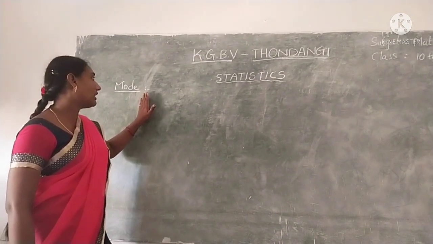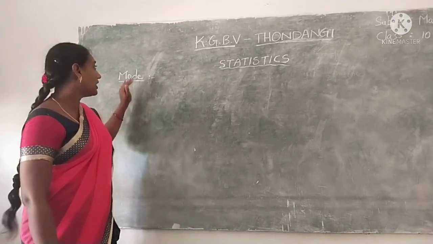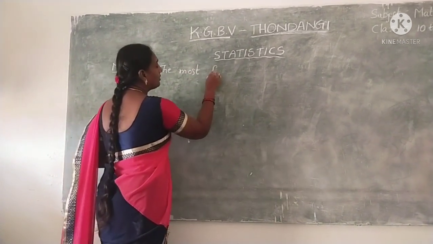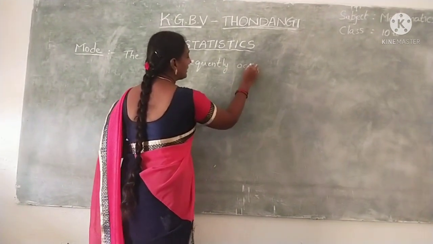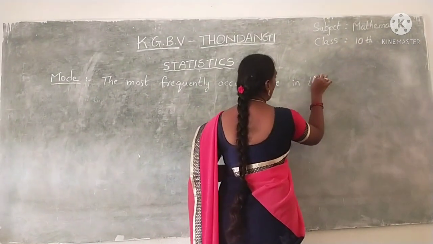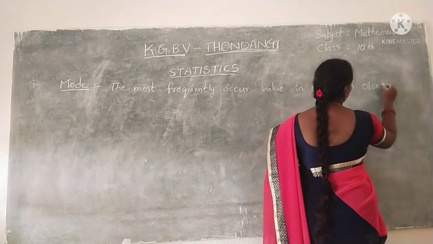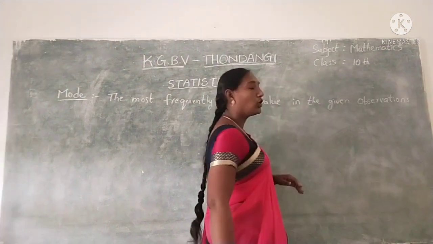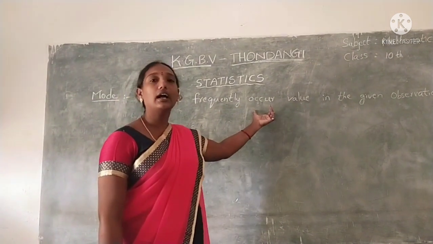Mode means, we have already learnt in previous classes, that is in 9th class, the most frequently occurred value in the given observations. So, mode is the value which is most frequently occurred.